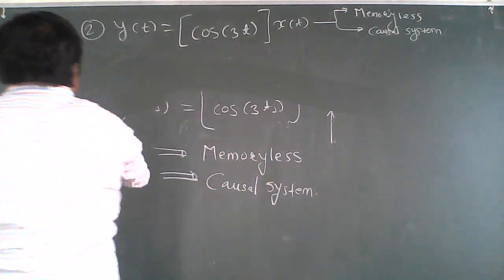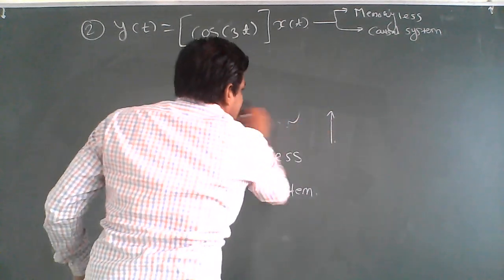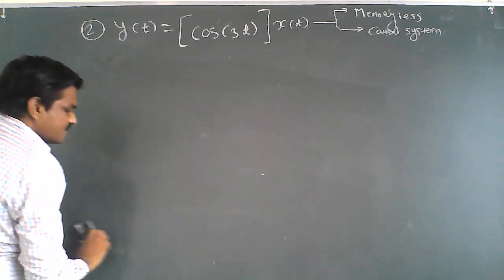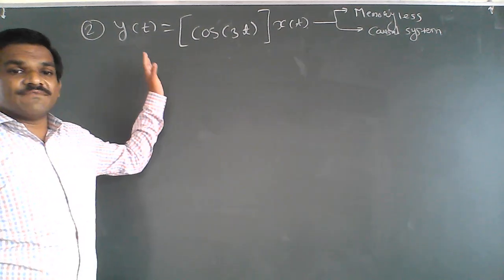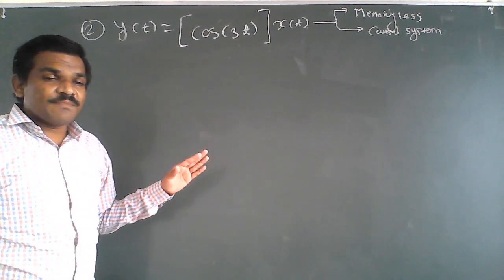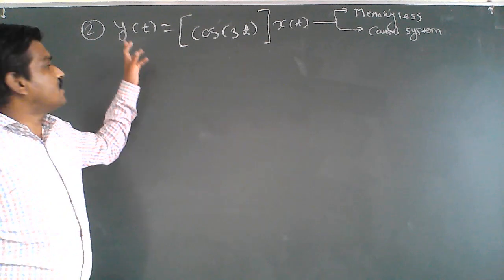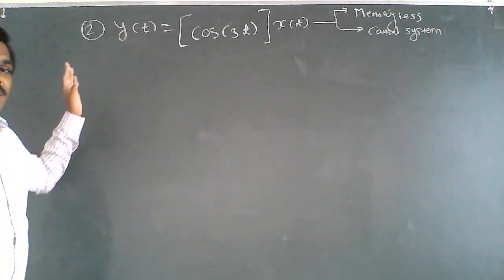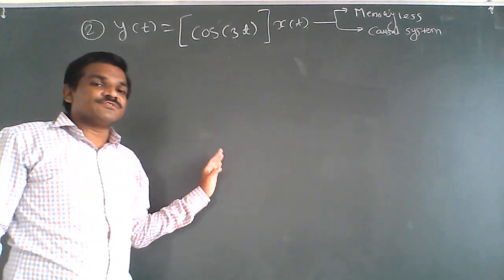Now next, let us see whether the system is time invariant or variant. To check the shift invariance property, we have to shift the output first and calculate it, then we have to shift the input and check the response of the system.